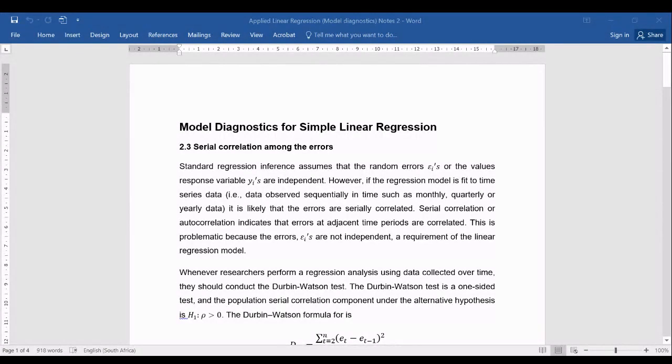So we test if the errors are positively correlated, because in most of the cases that were solved before, the errors were found to be positively correlated. Because of that, we are having a one-sided test.